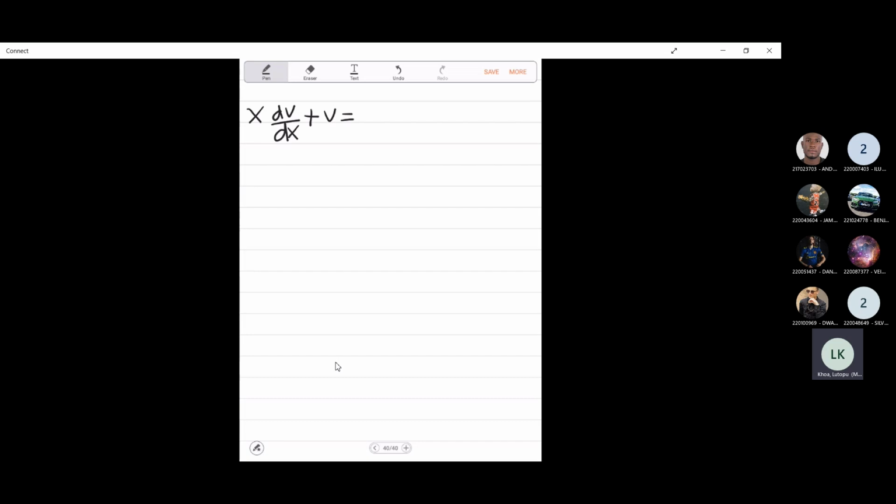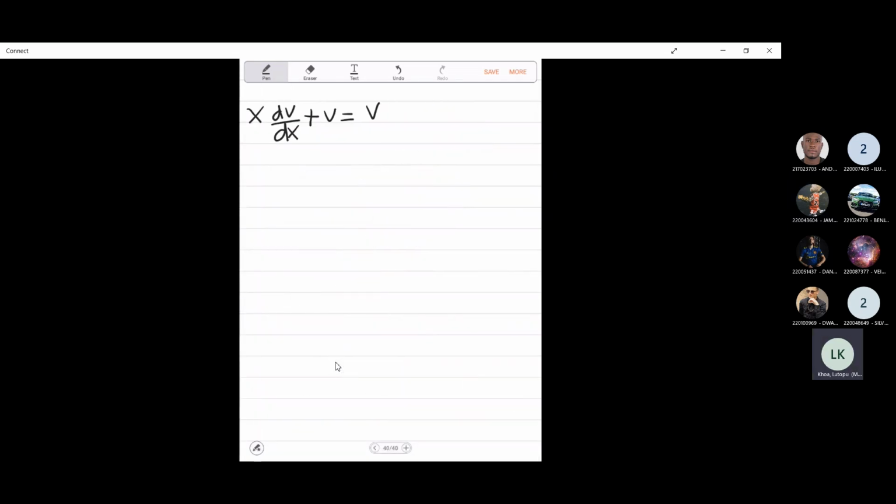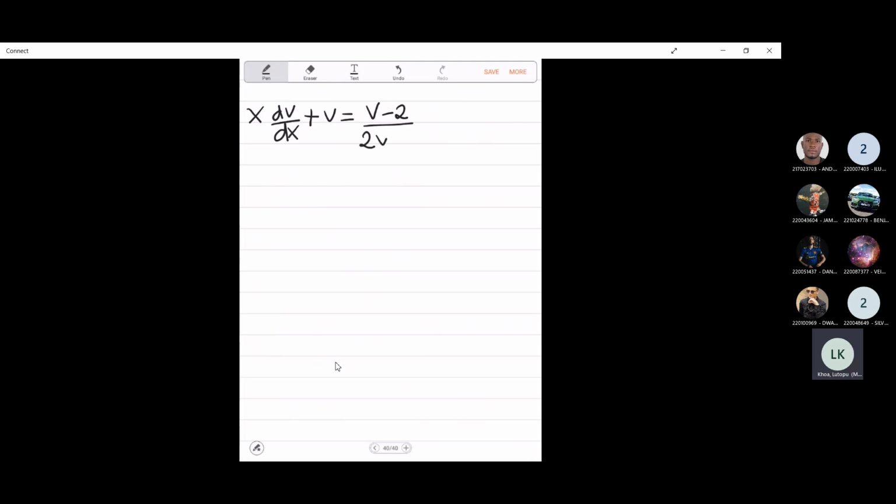Okay, so we say dy/dx, this is x dv/dx plus V. This is equal to, is it V or 2? V minus 2, and then in the denominator, we have 2V plus 1. Okay, so this V can go to the other side.